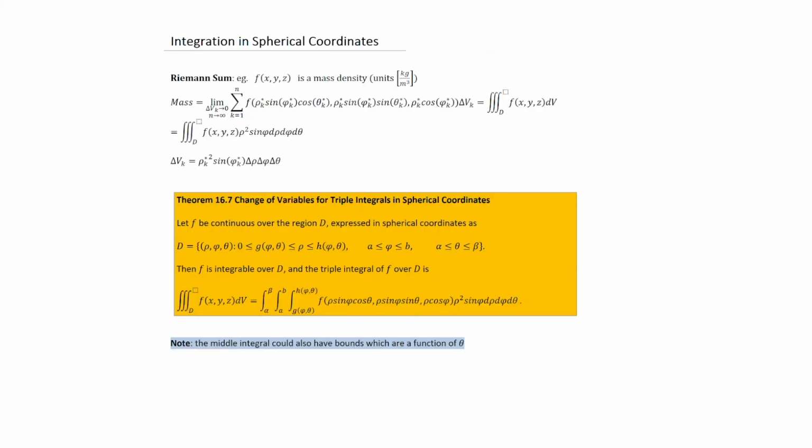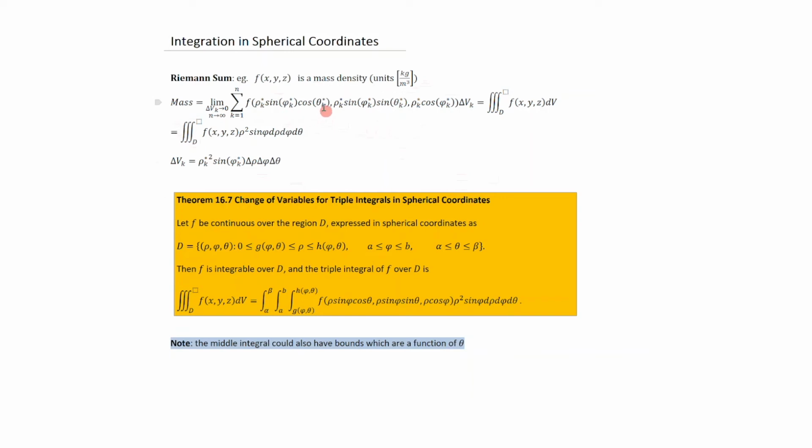All right, so now we end up with the actual physical theorem. And again, we start with the Riemann sum when we're doing a triple integral. So let's assume that f(x, y, z) is a mass density, in which case its units are kilograms per cubic meter. So when we formulate the total mass, we would say that this is the mass density, but x, y, and z now are replaced by the transformed system of equations.